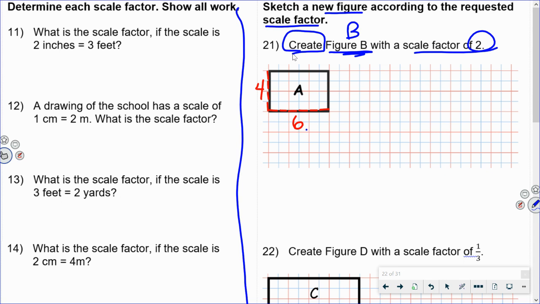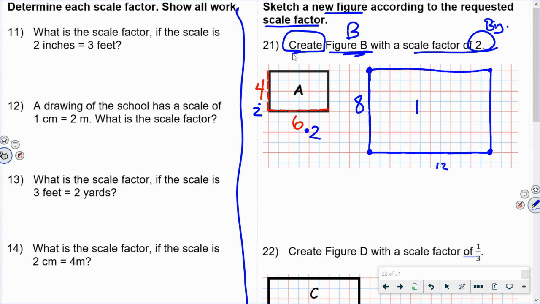If it's more than a whole, I'm expecting something bigger, right? So we multiply by 2, we multiply by 2. And so our new height is going to be 8: 1, 2, 3, 4, 5, 6, 7, 8. And our new width is going to be 12: 1, 2, 3, 4, 5, 6, 7, 8, 9, 10, 11, 12.